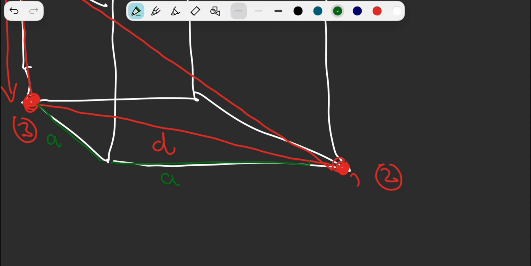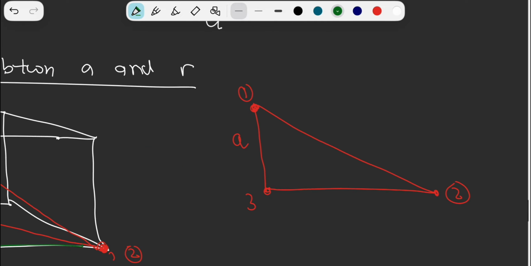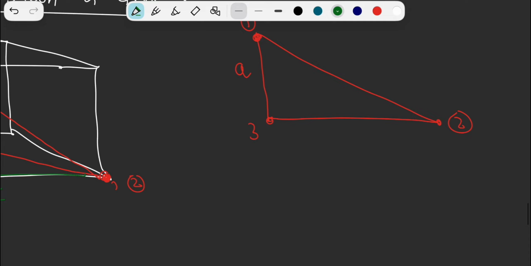This length is A over here. So what is the length of the hypotenuse? Remember, this is 90 degrees, guys. So D is equal to the square root of A squared plus A squared. So it's basically root 2 A.